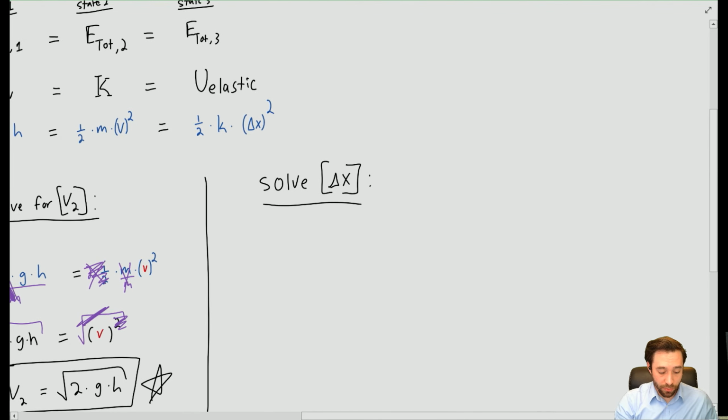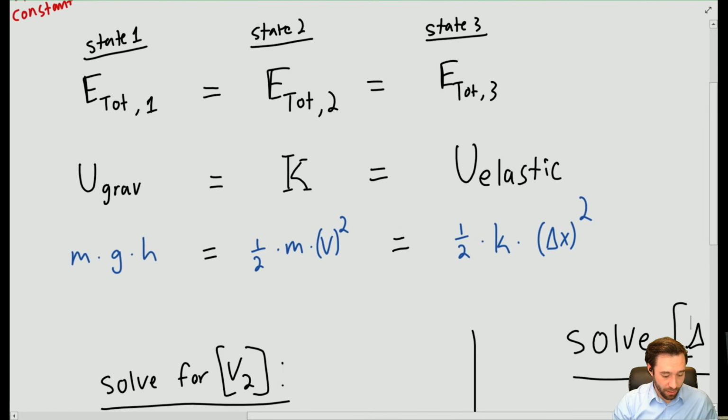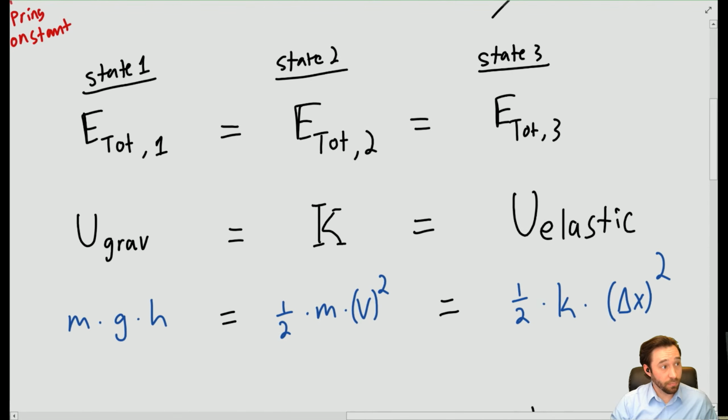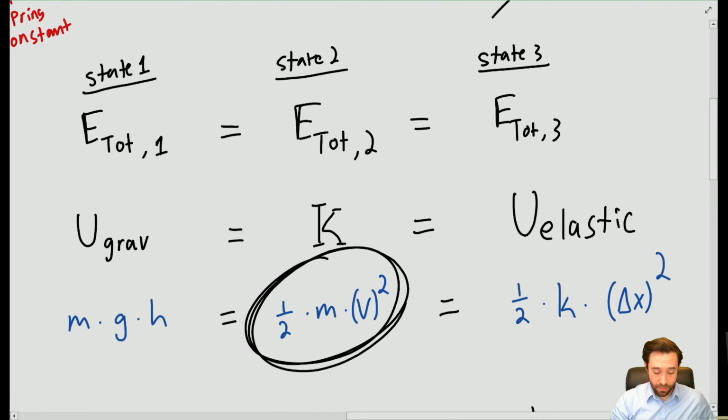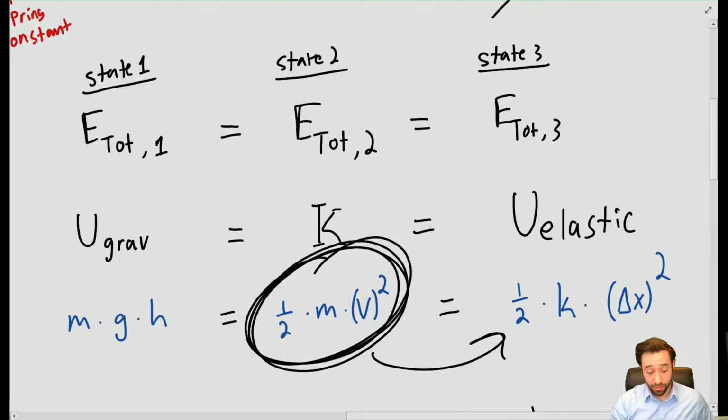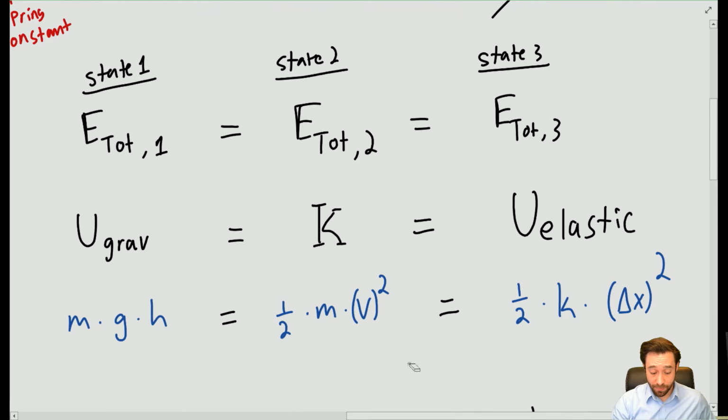So in order to solve for the amount that the spring is being compressed or stretched, if I go back up here to my conservation of energy equation, this is the equation here that has delta x in it. Now, I cannot use this equaling to this and then getting a number, or like doing what we just did, because we don't know the velocity. It wasn't given to us.